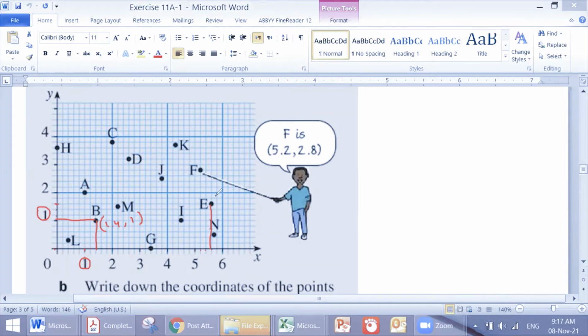So its coordinates will be 5.6 and 1.6. So these will be the coordinates of point E.